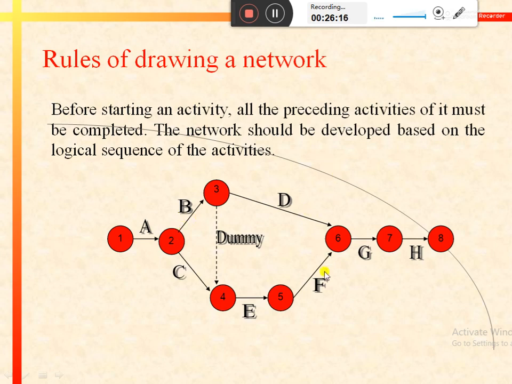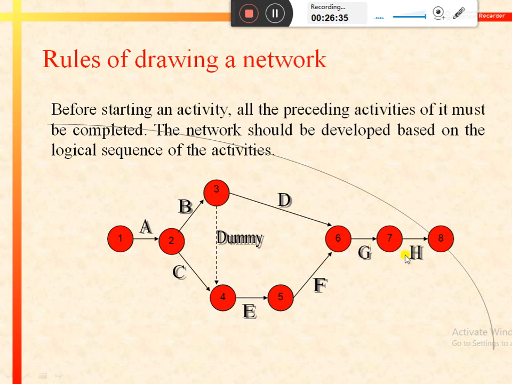In a similar manner, if you want to start the activity F, it can only be started after completion of activity E, activity C and activity A. So all the preceding activities must be completed to start a new activity.